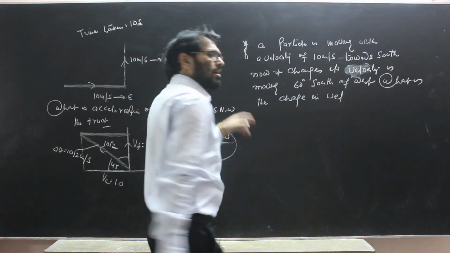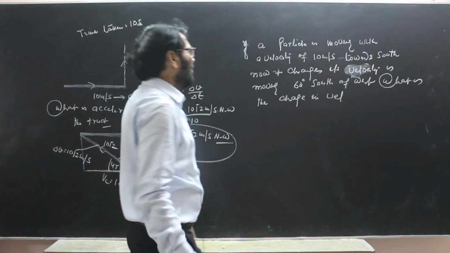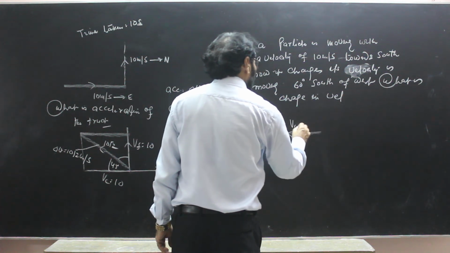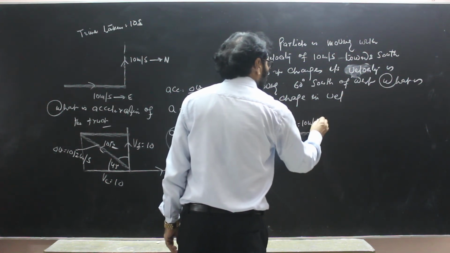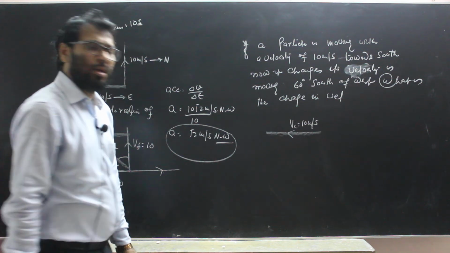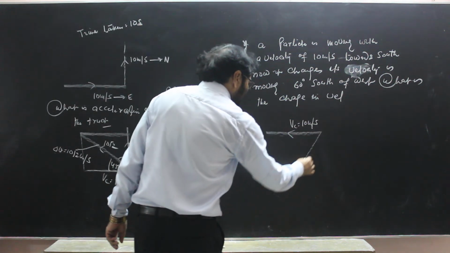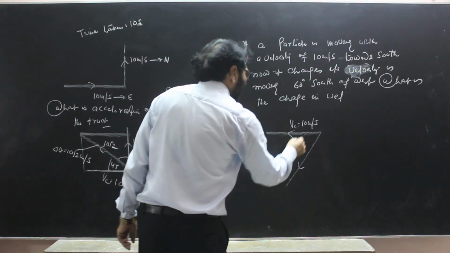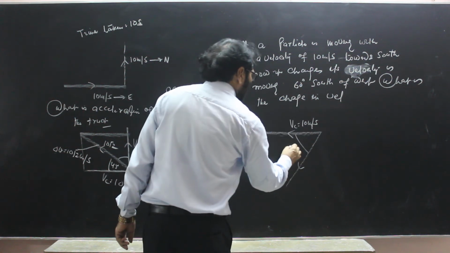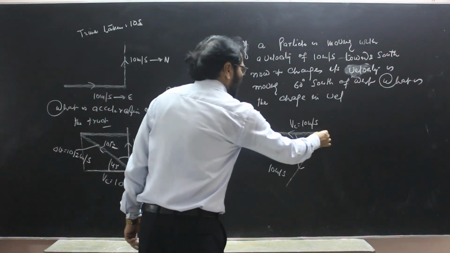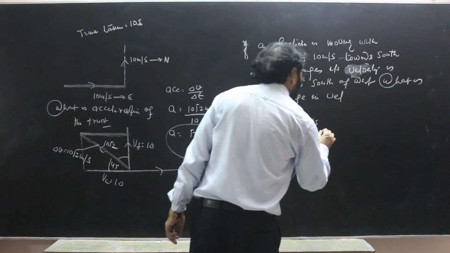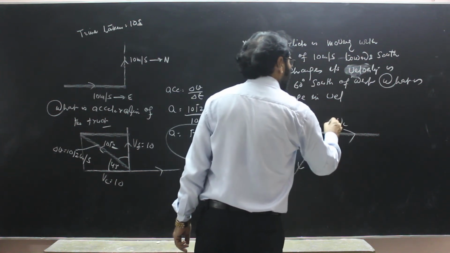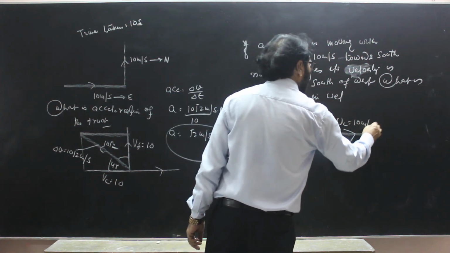So change in velocity can easily be calculated. Initially the particle was moving towards south. This is the initial velocity, 10 meter per second. Now final velocity is, say, 10 meter per second, 60 degree south of west. This is final. Now this is minus initial, 10 meter per second.